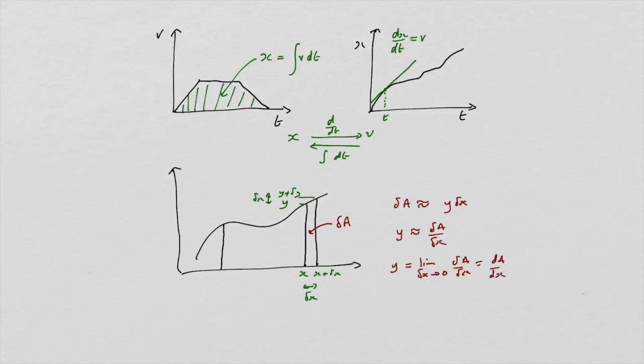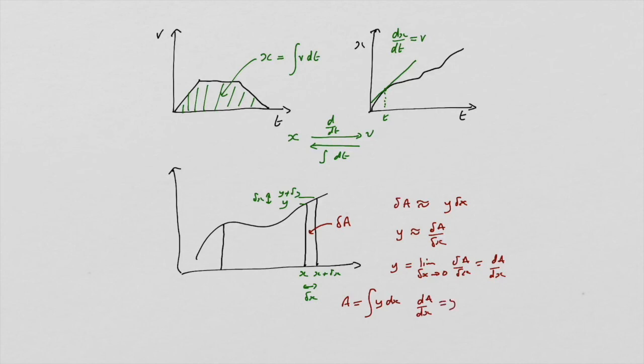So what do we now know? Well, we know that what we mean by the integral of the function y is equal to A. But we also know that dA by dx is equal to y.